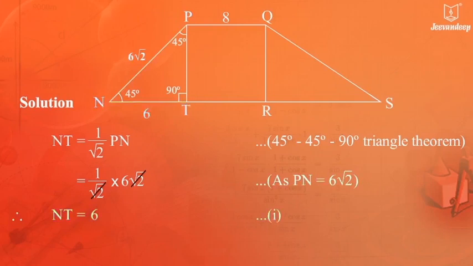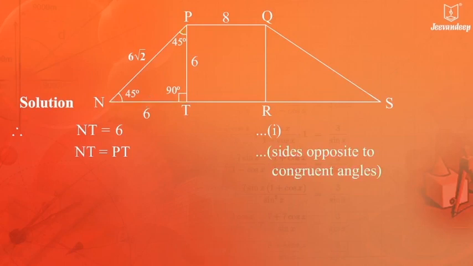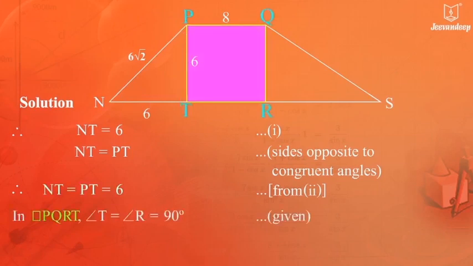Equation 1. NT equals PT, sides opposite to congruent angles. Therefore, NT equals PT equals 6. Equation 2. In quadrilateral PQRT, angle T equals angle R equals 90 degrees.